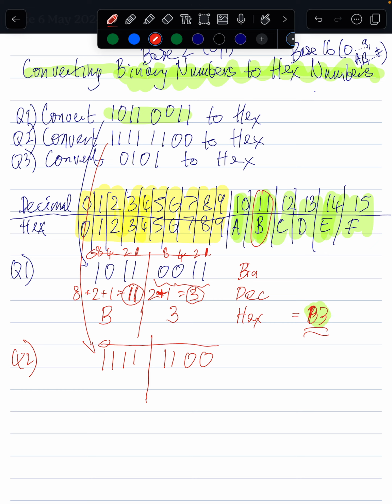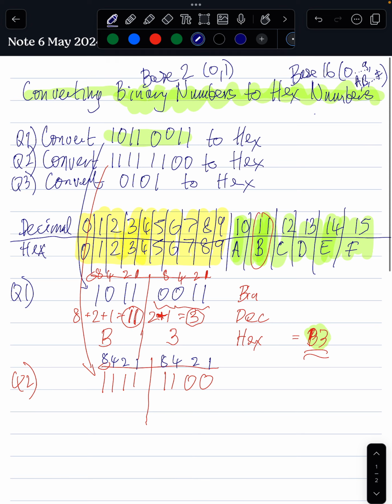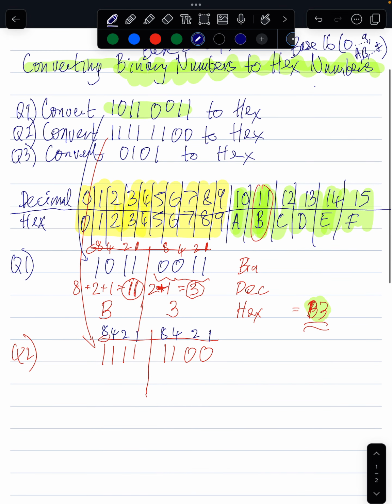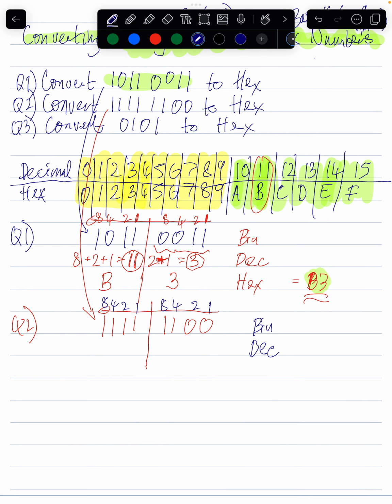And then we need to put our column headings for each of the groups of 4 bits. So that's 1, 2, 4, 8, 1, 2, 4, and 8. Okay, so here we have the binary, and now we want to convert it to decimal, or denary. We have to go through this denary step before we get to the hex.